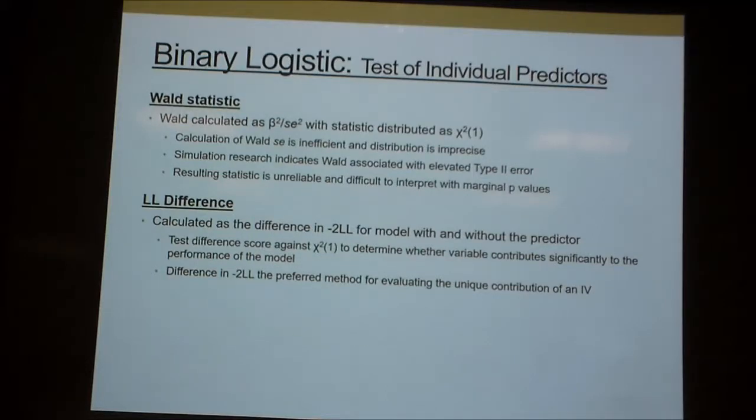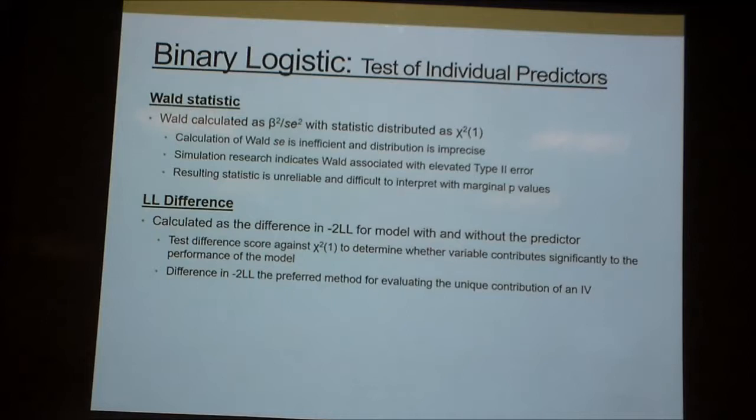And so what we would do then is take the -2 log likelihood for our full model and compare that against the -2 log likelihood for some restricted or smaller model that doesn't have our individual predictor in there. Then we test that difference score against a chi-square distribution with 1 degree of freedom to determine whether this predictor is contributing significantly to the prediction of our outcome.